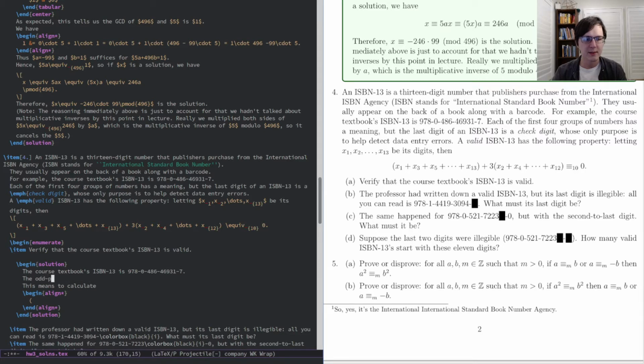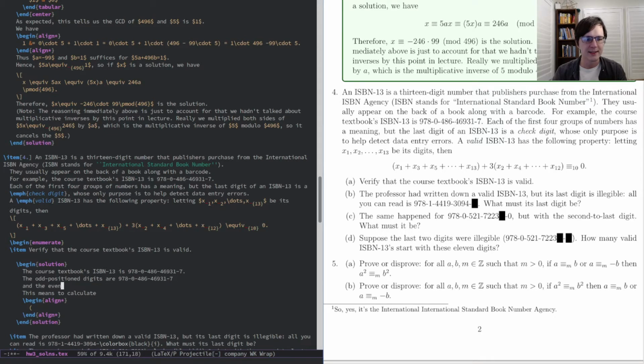So the odd positioned digits are, I'm going to do this because I think it'll make it easier for me. Okay, so I deleted that one, and that one, and that one, and that one, and that one, and that one. Okay, then the even position digits. So I guess we're starting with 1.